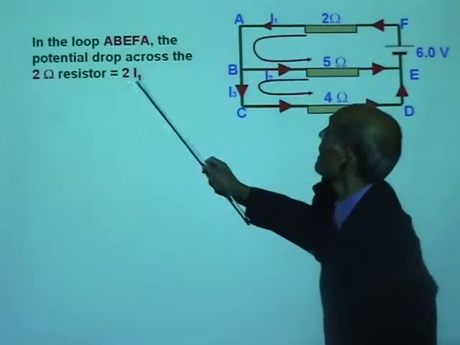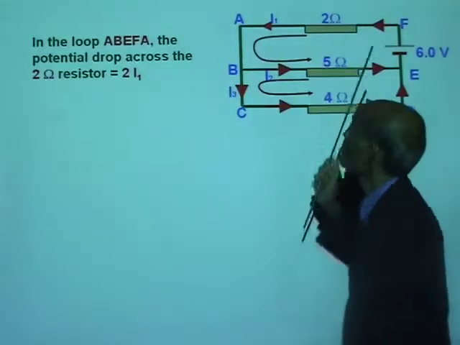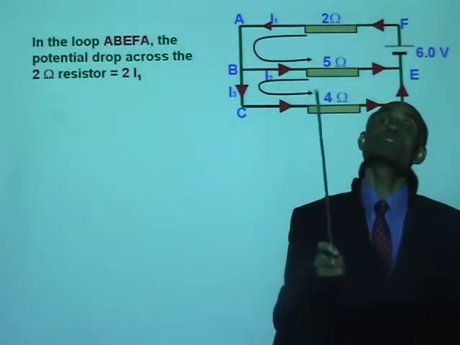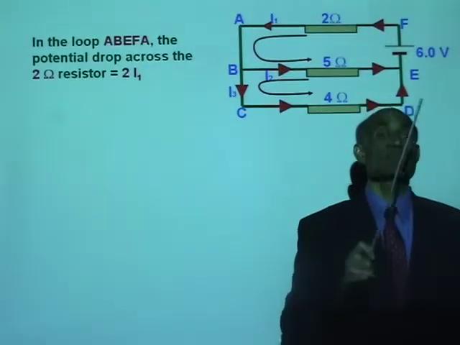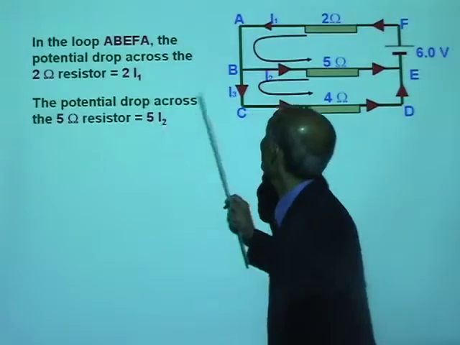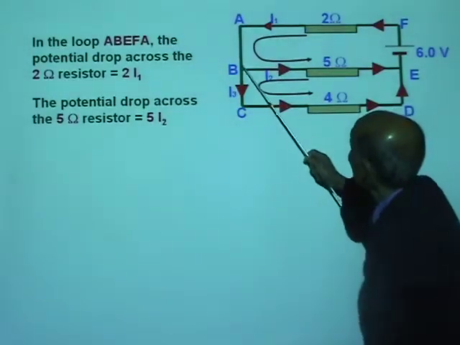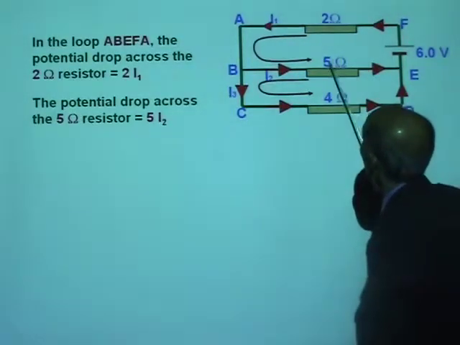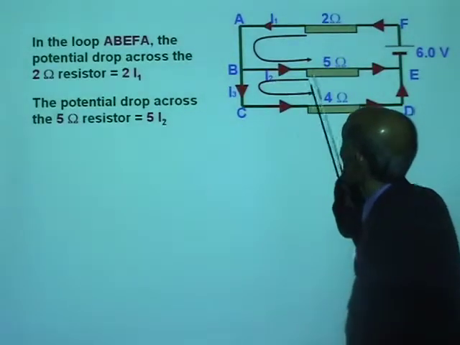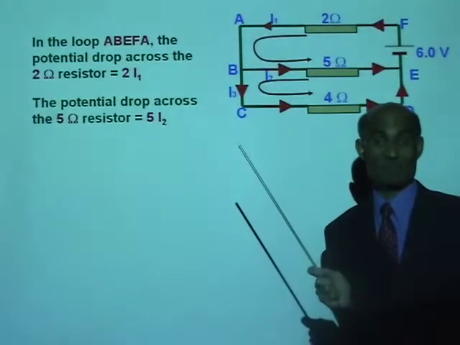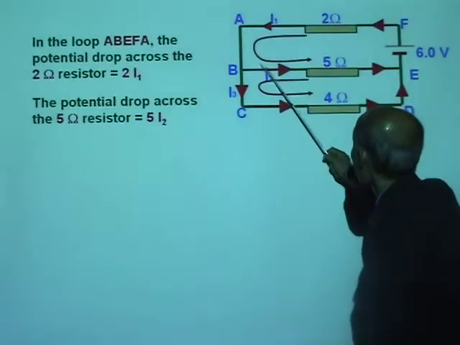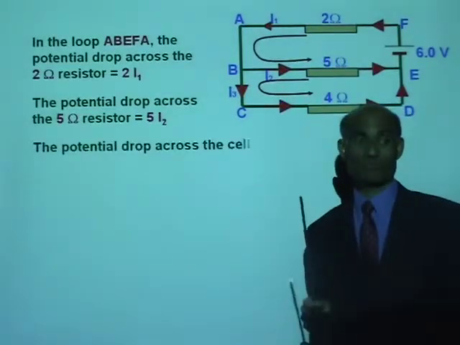That is positive because the direction in which the loop is traced is the same as the direction of the current. The potential drop across the 5 ohm resistor will be 5 times I2. Will that be positive or negative? It is positive because the direction of the current and the direction of the loop are the same.